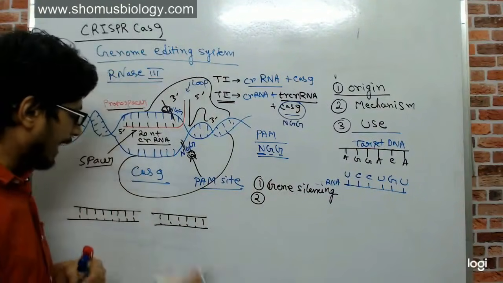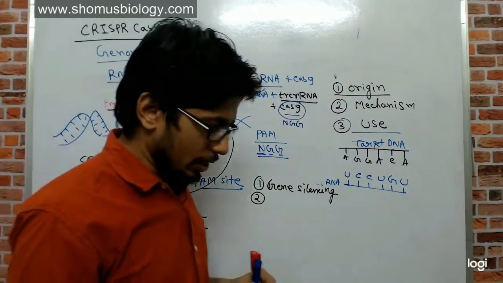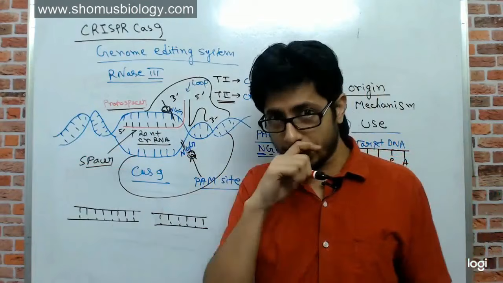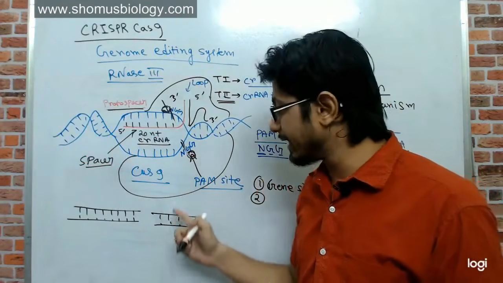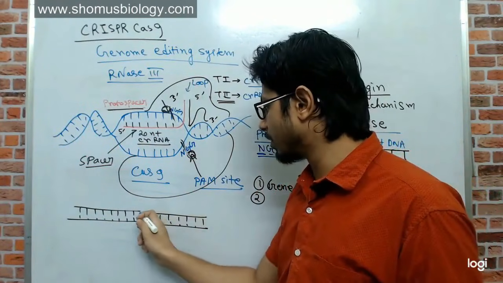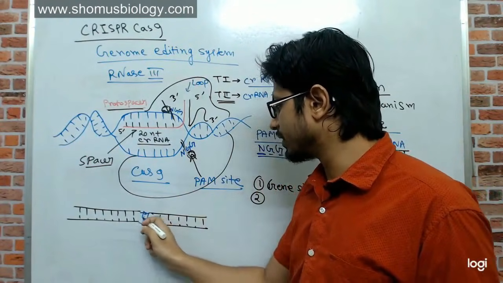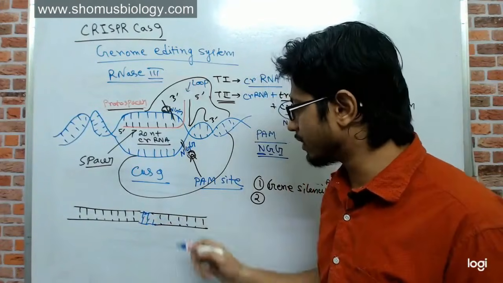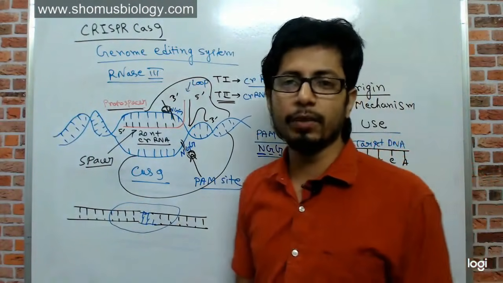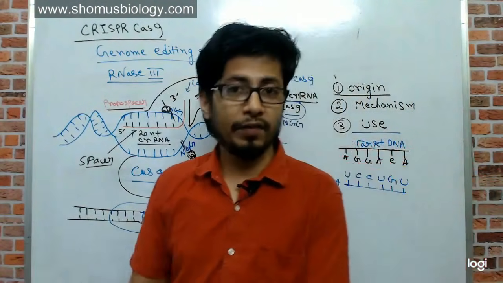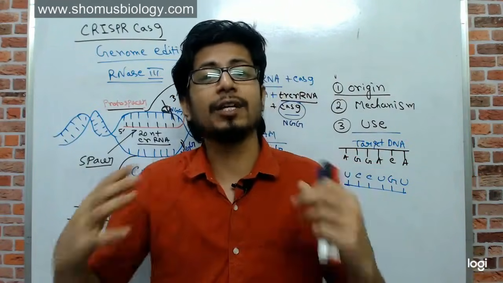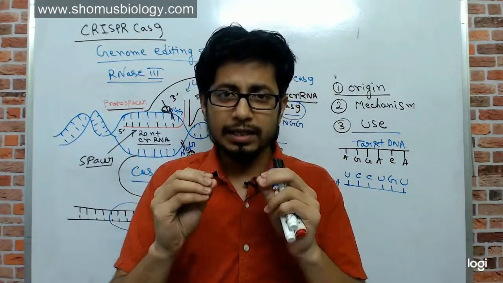Because there is a double-stranded DNA break, it can be fixed by either homologous recombination or non-homologous end joining, and both processes are complicated and error prone. They may introduce some nucleotide in between that is not supposed to be present, so the reading frame will change, and the production of the protein will change. The protein may not be properly functional, may be truncated, may not be functional at all, or may be functional to a limited capability.